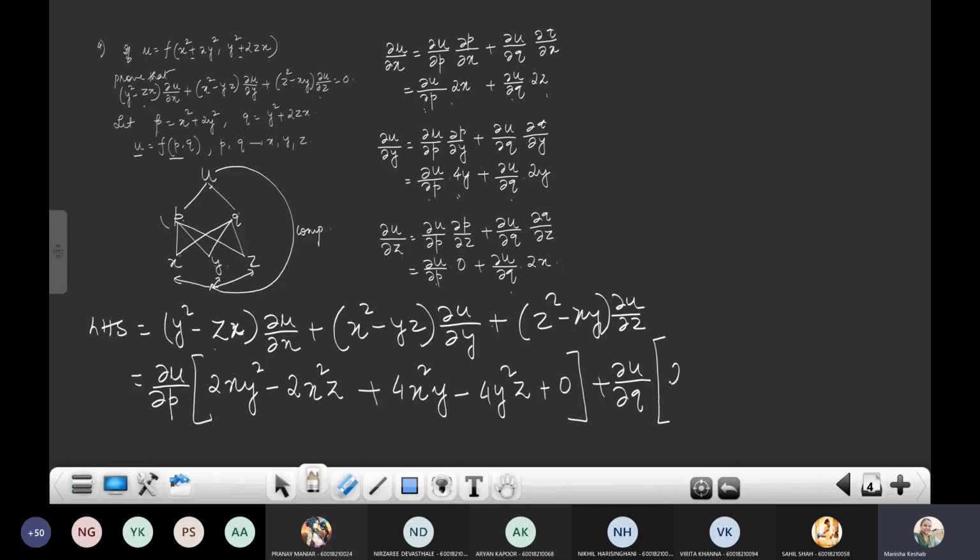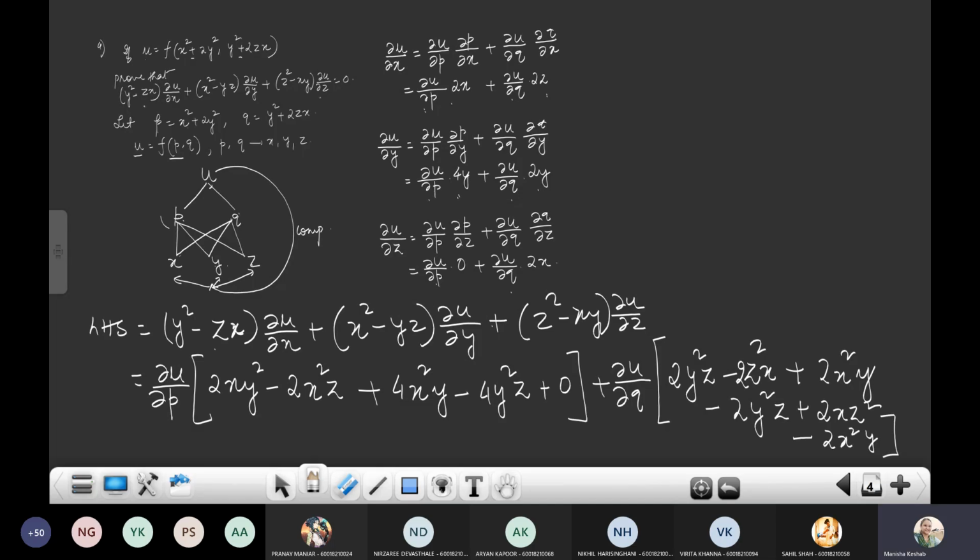So we'll get here 2y²z minus 2z²x. Then with this 2y into this, so plus 2x²y minus 2y²z, and then we'll have plus 2xz² minus 2x²y.